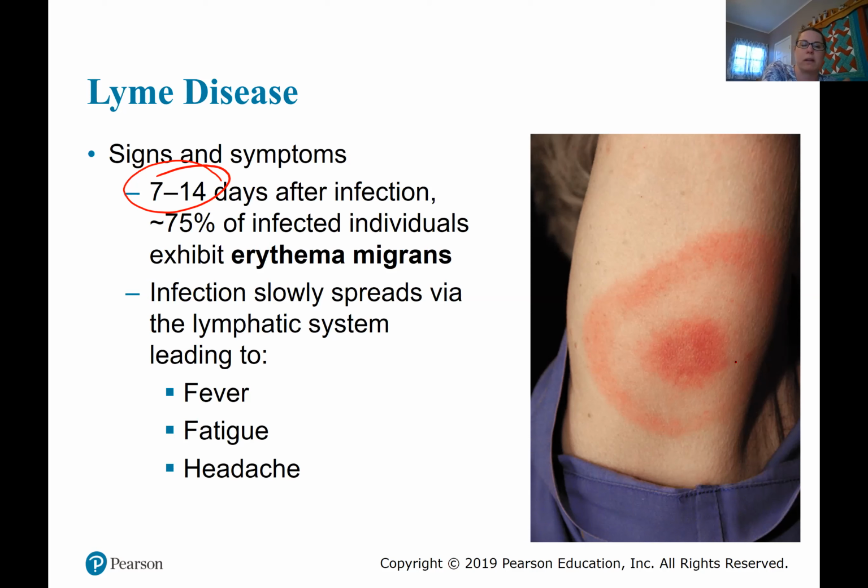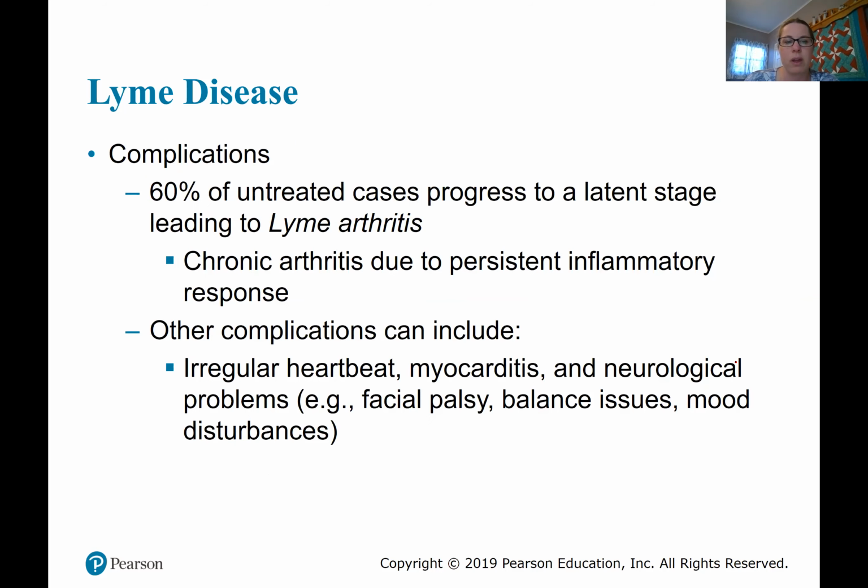So this infection spreads fairly slowly, and it goes through the lymphatic system, causes fever and headache and so forth. And left untreated, this can lead to arthritis. It can cause some chronic damage because of the inflammatory response.